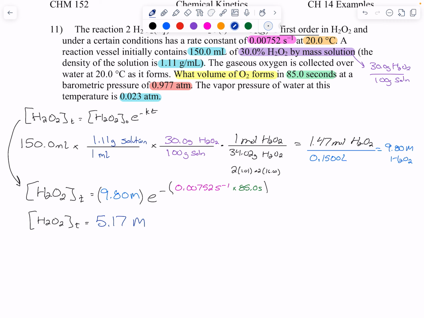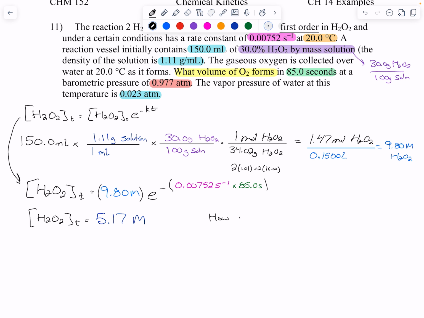Okay, so we know what is at the end. So how much reacts? We start with the 9.80 molar, and we end up with 5.17 molar. So that means it looks like 4.63 molar reacts.